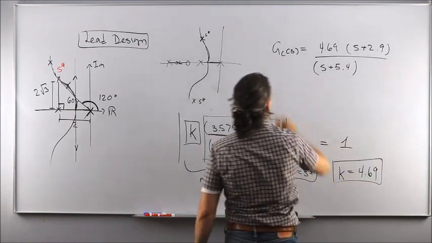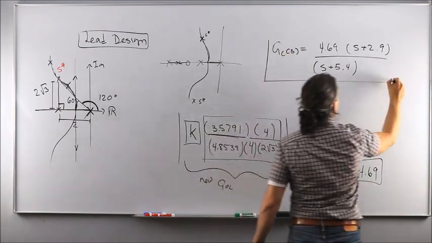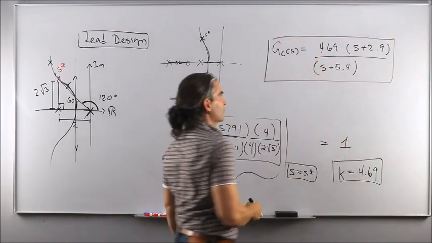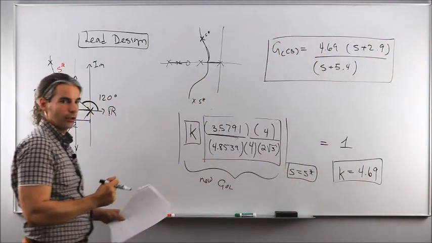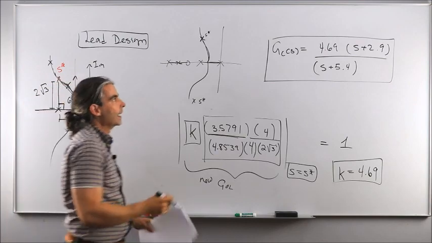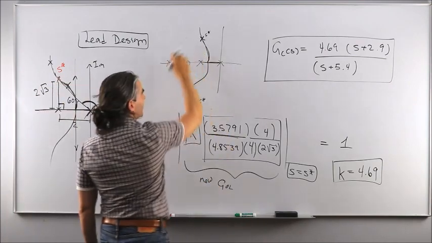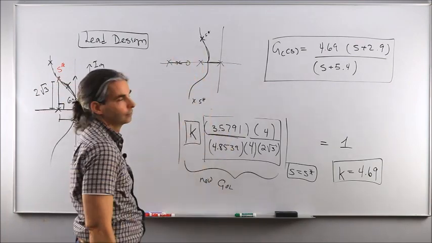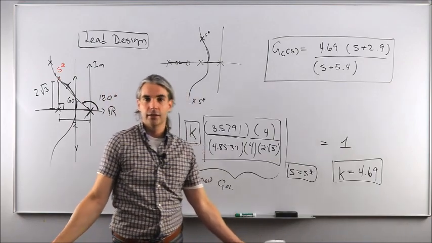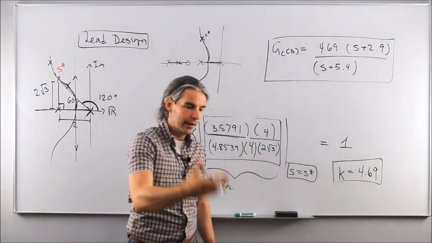So that is your transfer function designed to modify the existing root locus and bend the branches in a particular way to go through S star and end up with your poles at S star. Okay? As simple as that. As long as you understand the whys.